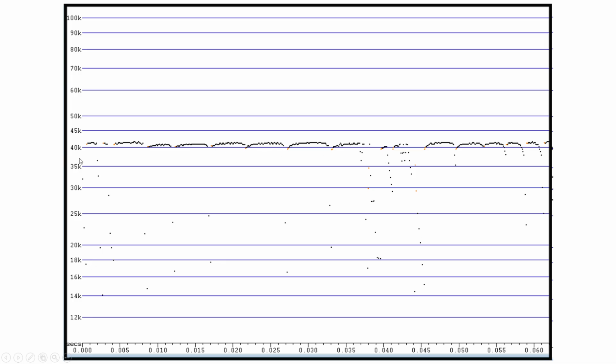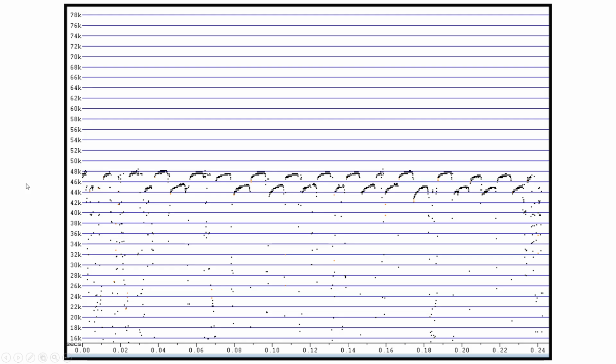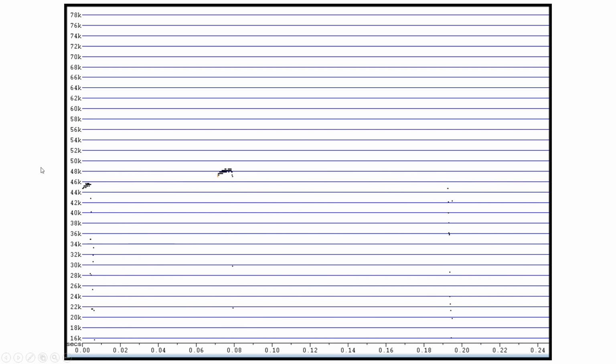It's not in 10 milliseconds. The call shapes look different. Oh, here we go with Sarcopteryx again. A different frequency scale. Instead of 10 to 110, this is set 15 to 80. So if the frequency scale is different, your call shapes are going to look different. This is not compressed.